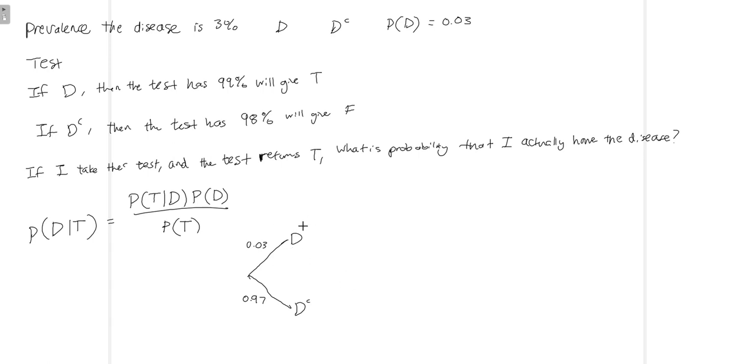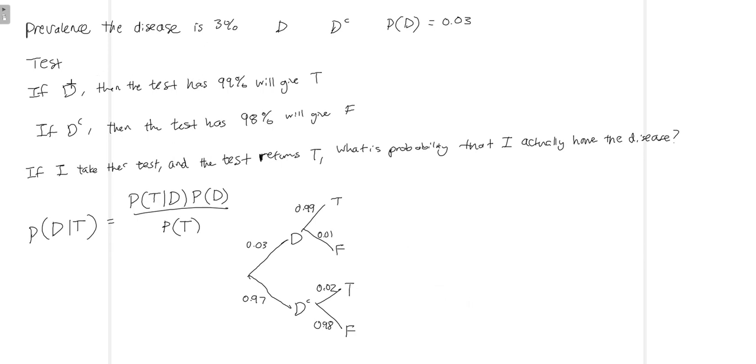If you take someone with the disease, then there is a 99% chance you return true, and a 0.01 chance that you'll get false. And on this side, 0.98 for a false, and a 0.02 for true.